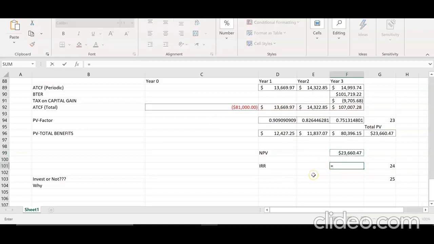For the IRR, I use the IRR function, and then I calculated this value, then we drag it down until this value, then we close the parentheses.